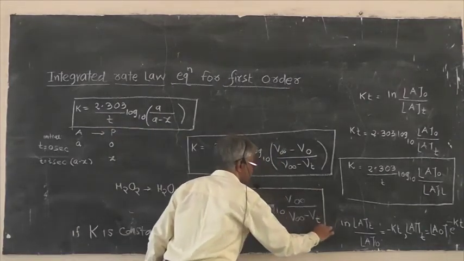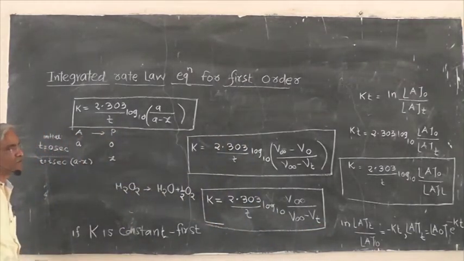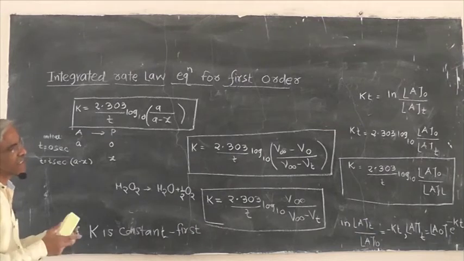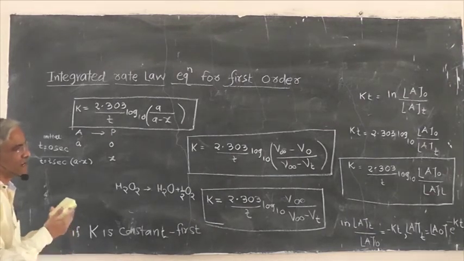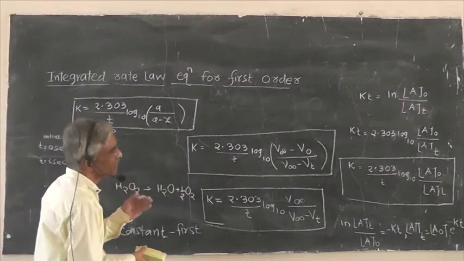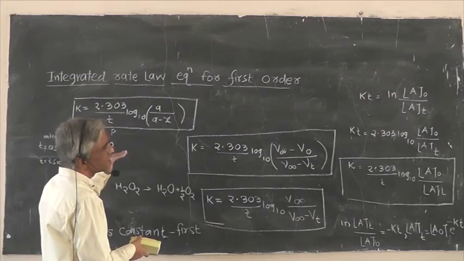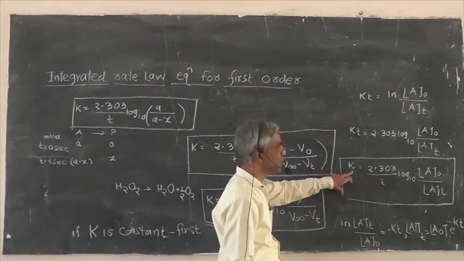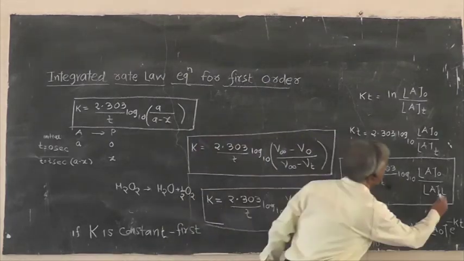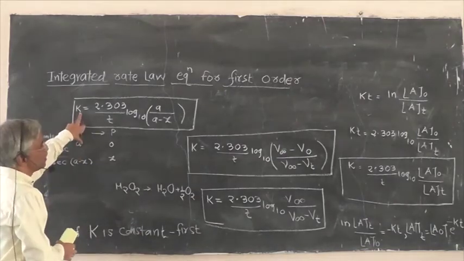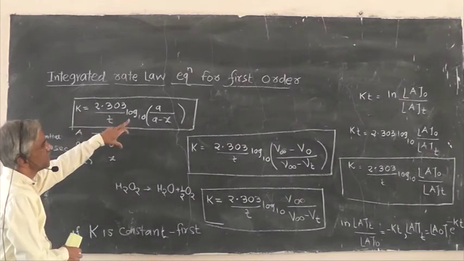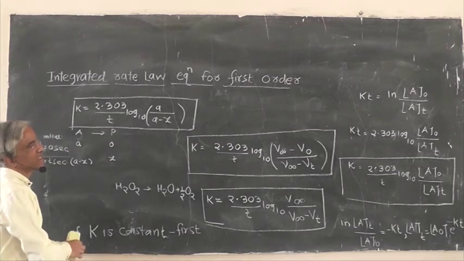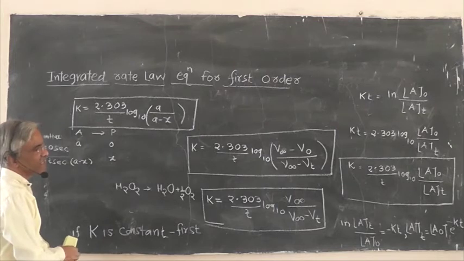So these are the same equation. They are not different equations, but for practical calculation purposes, we are writing them in different forms. They have the same meaning, but for simplicity of calculation and understanding, we write the first order integrated rate law equation in these different forms. K equal to 2.303 upon t log to the base 10 of A0 upon At. Then k equal to 2.303 upon t log of A upon A minus x, and k equal to 2.303 upon t log of V infinity minus V0 divided by V infinity minus Vt.